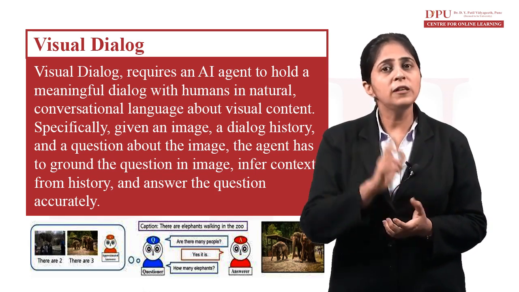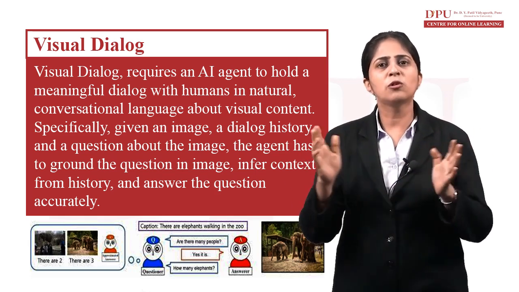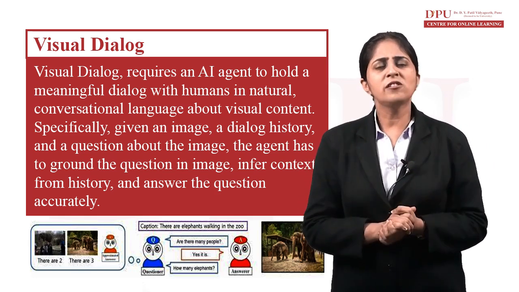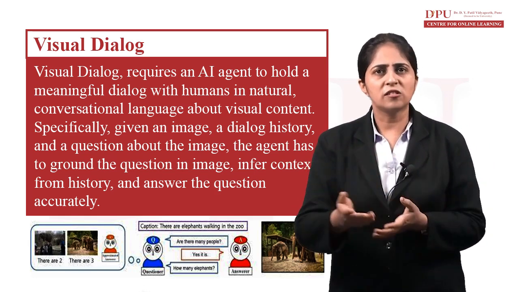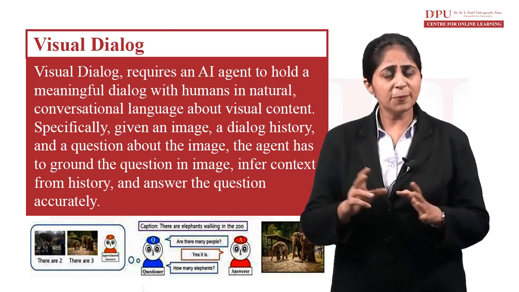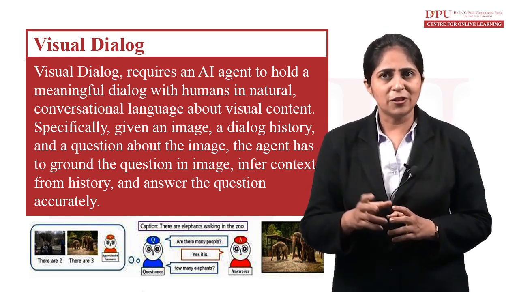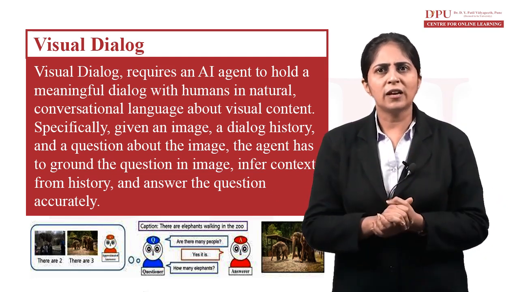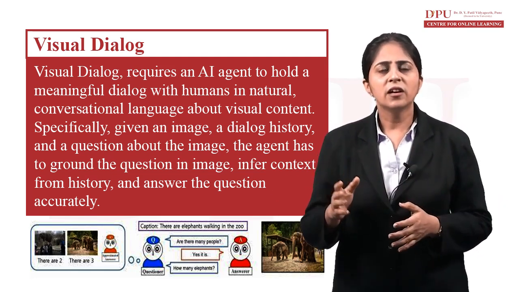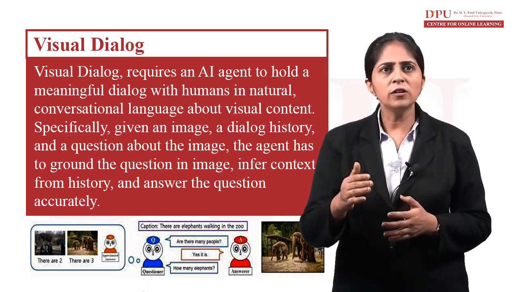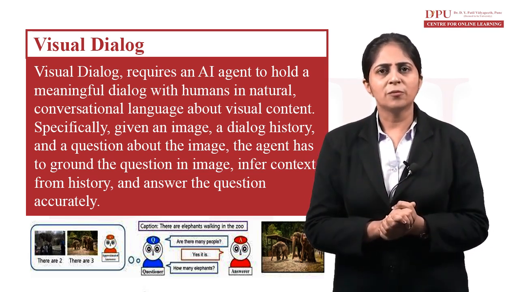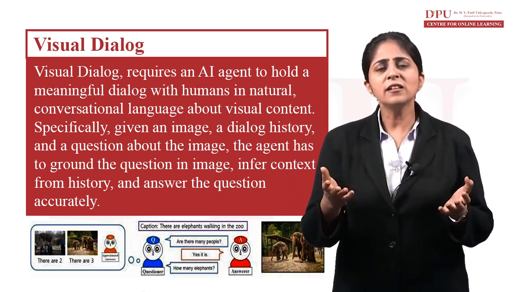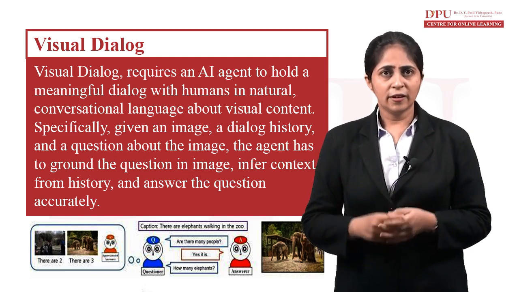Since we are talking about visual dialogue, any visual content will be provided and the agent will answer the question in normal conversational language. Specifically, given an image, a dialogue history, and a question about the image, the agent has to ground the question in the image, infer the context from the history, and answer the question accurately.